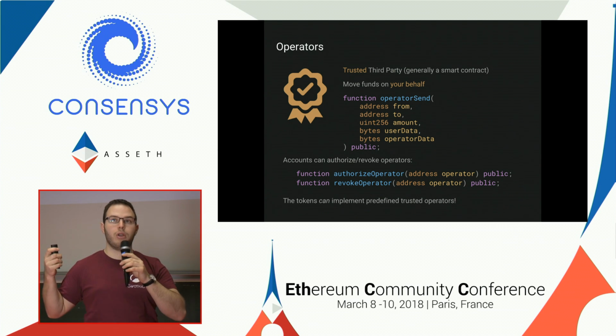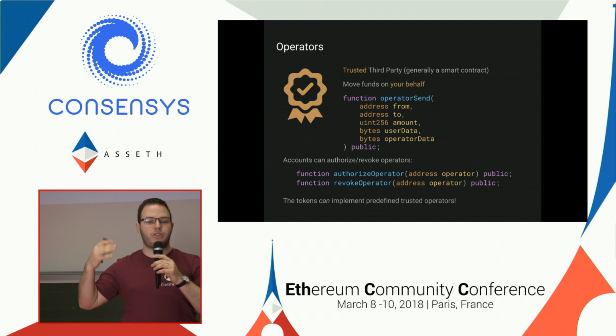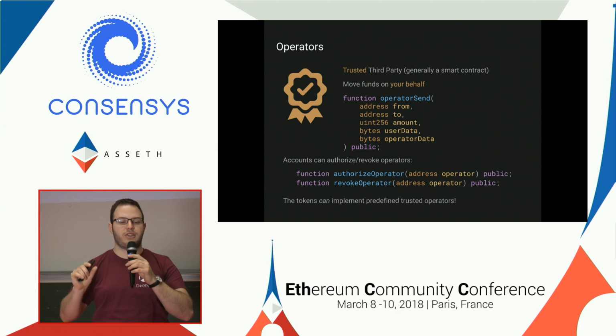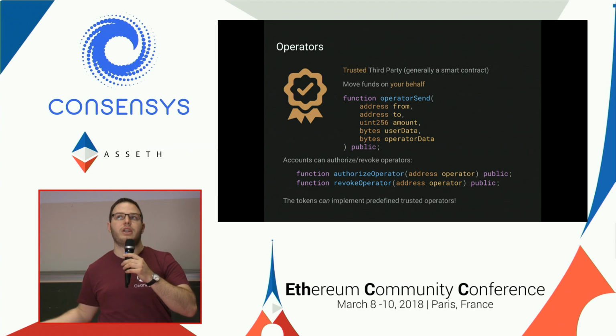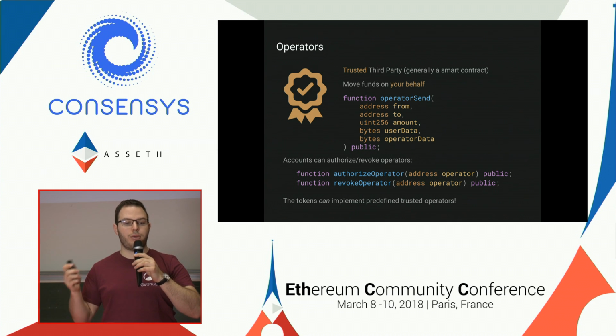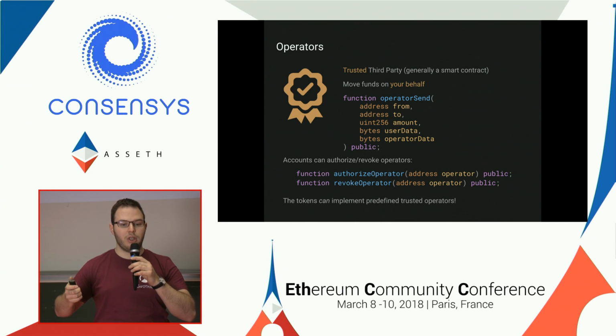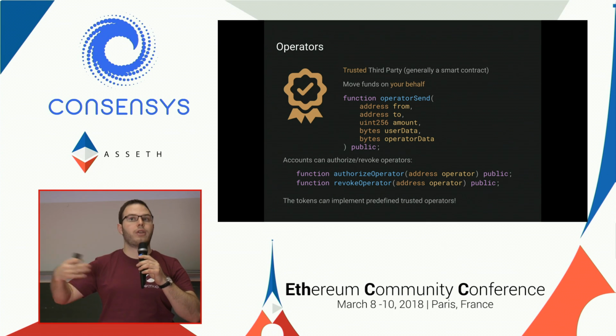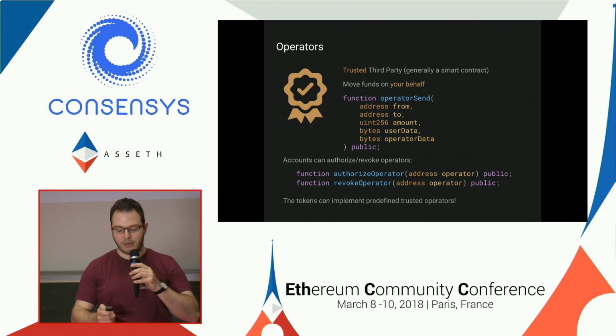There is a special operatorSend method, which looks just like send with the extra option to specify the from address, which balance to take the tokens from, and another data field for the operator to also attach data relevant to them. Anyone can authorize or revoke an operator for their own account. And a token contract, depending on your use case, is also able to pre-authorize some specific trusted operator for your universe or your ecosystem of tokens.